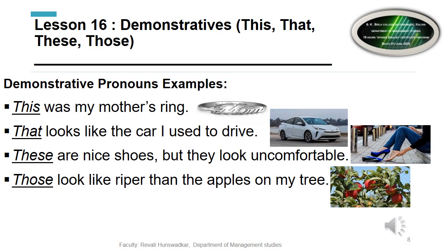I pointed at the apples and said, those look riper than the apples on my tree. So here some of the examples were this, that, these and those about a particular thing or things.